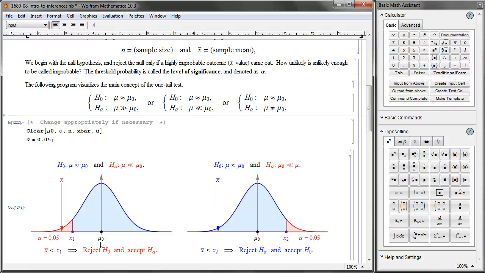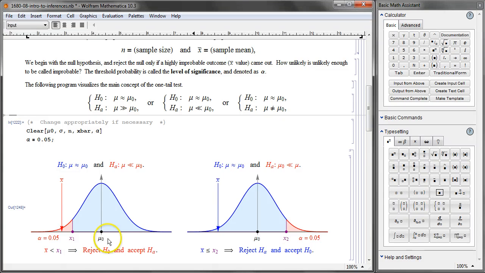So we're going to call mu naught as null from this point on. And then what is the sample mean? It's the x bar. And as you can see, x bar is really far away from the null. What does that mean? Does it mean x bar explains mu naught very well? Well, if they are very close, then yes, but they're really far away. So the answer is no.